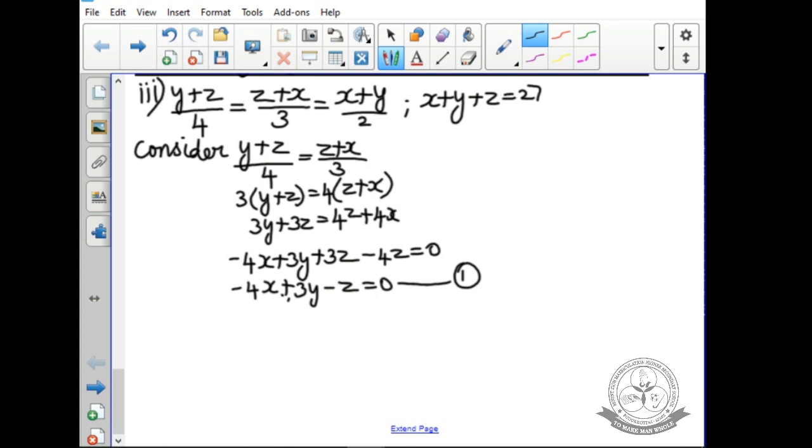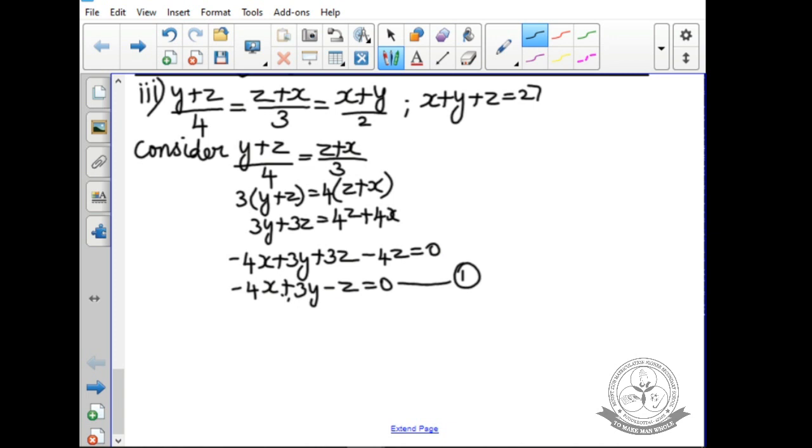Now take the next two. Either you can take first two, or first and third, or second and third. All the expressions are given in the simple form only. You can take either of them. Here we can take second and third. So the first equation is minus 4x plus 3y minus z equal to 0.